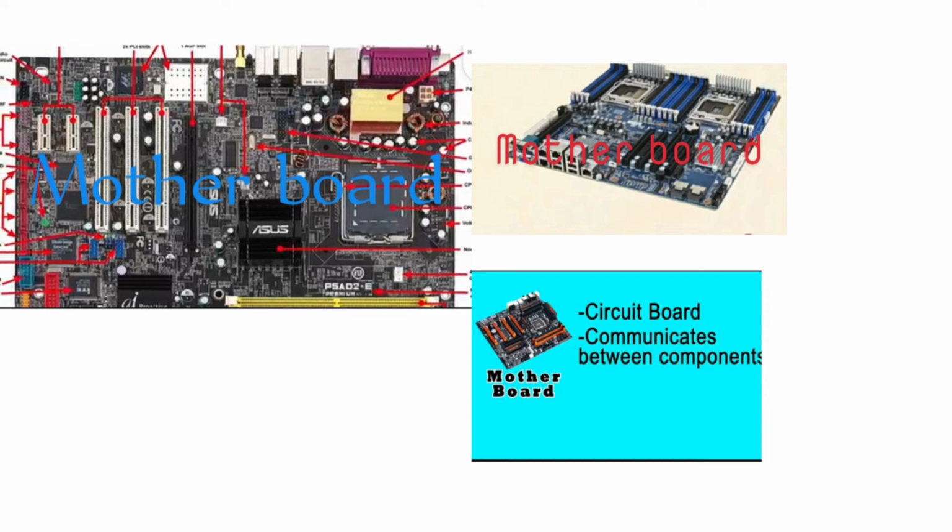It means that it provides the circuit for all parts of the computer. This motherboard includes the CPU, web card, video card and other parts, as we will see next time.